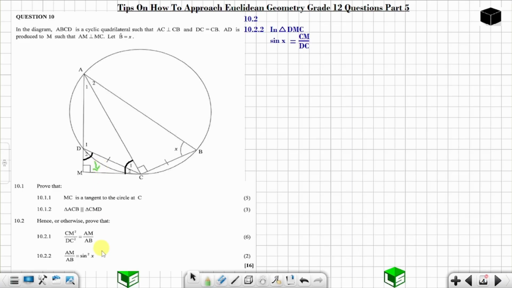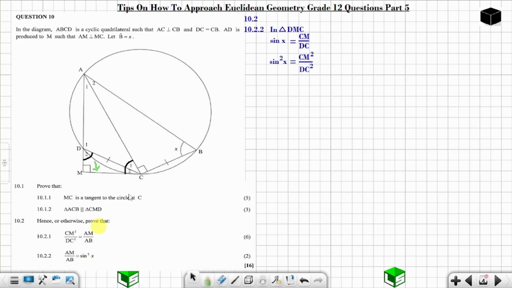Now, you need sin x squared. If you square this side, you are going to have sin x squared is equal to CM squared over DC squared. You square both sides because you need sin x squared.